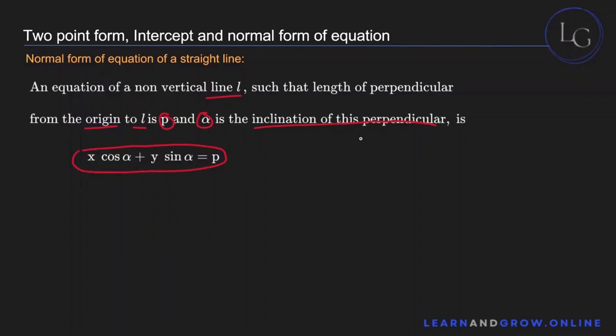Okay, so just to clarify what they mean over here, let's look at an example. If you have, say, this line over here, and you need to find its equation, well, then the perpendicular line that runs from any point over here till the origin, let's just draw it out, right?